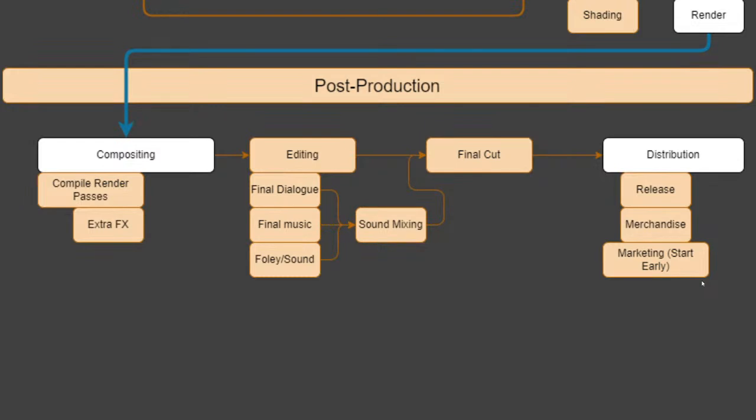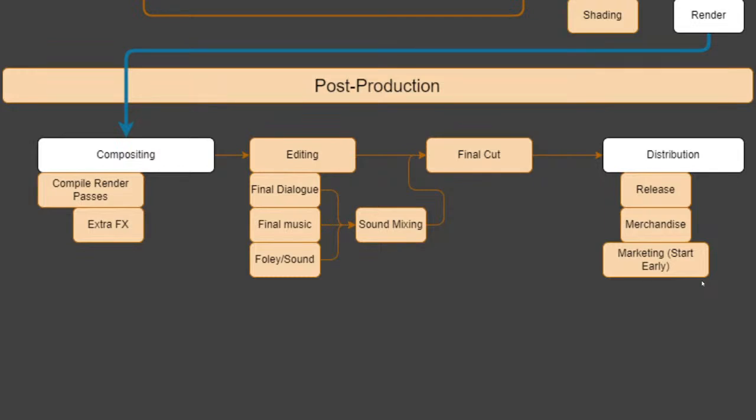In compositing, you're going to take each of the shots of your film and layer all of your render passes together so that you have a fleshed out shot. You're also going to add any extra visual effects. These can be things like lightning bolts or lens flares. All that kind of stuff is going to happen inside of your compositing, and you're nearly finished after you've got this done.